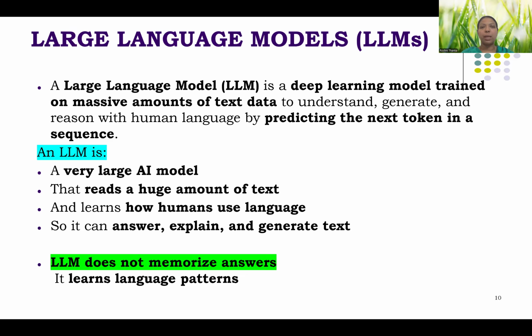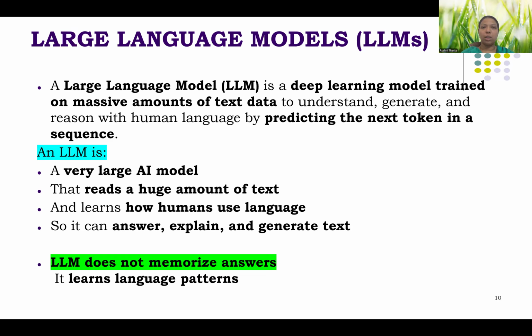Simply speaking, a large language model is one type of generative AI. It is basically a deep learning model trained with billions of parameters, that is, a massive amount of data, so it is able to generate new things. It is able to understand human language, and language model means it is able to predict the next token in a sequence.